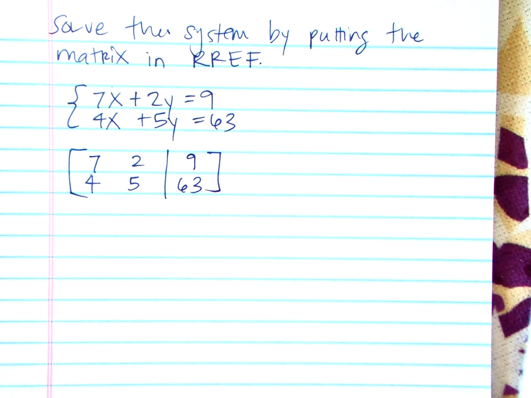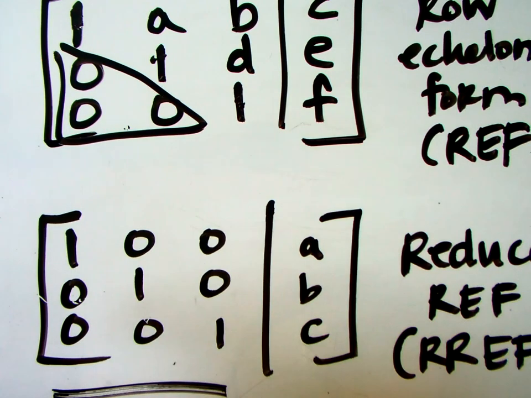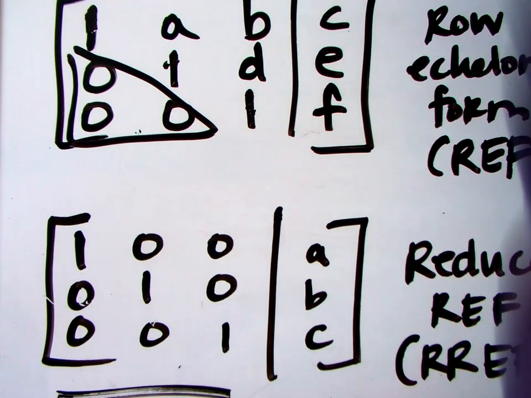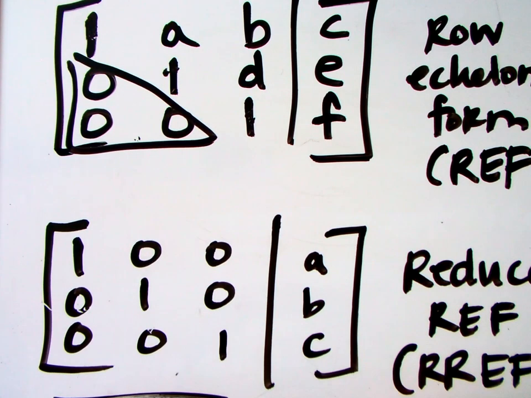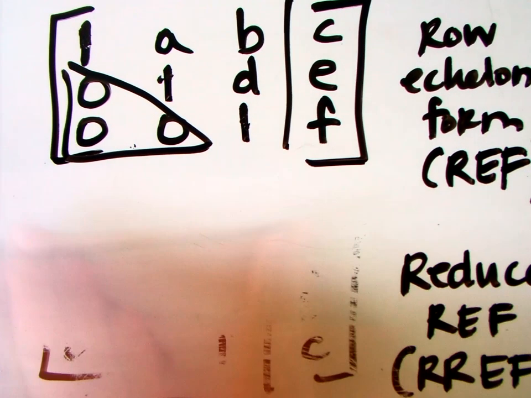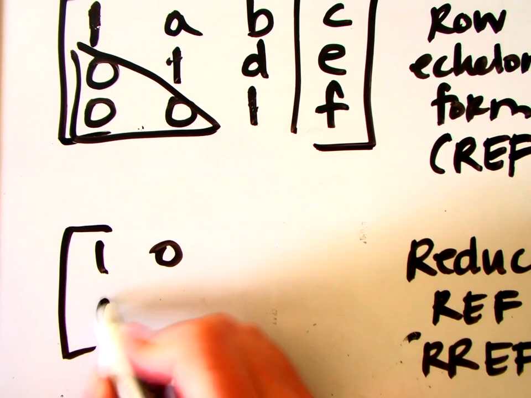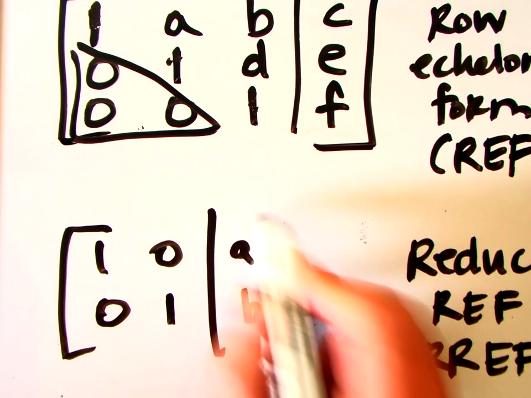Our reduced row echelon form, if it is just a 2-variable system, would be, I ran out of room, 1, 0, 0, 1, and then over here, like this.